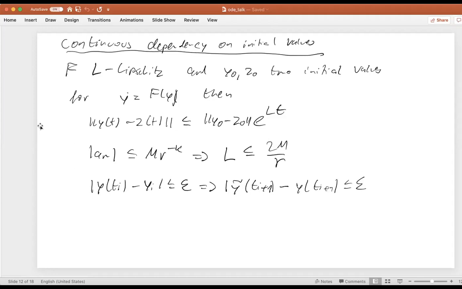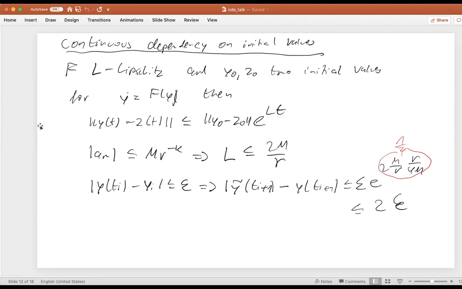Now we just insert those constants here, and we get 1/2, so this will be less than 2 epsilon. So the error at most doubles in each step.